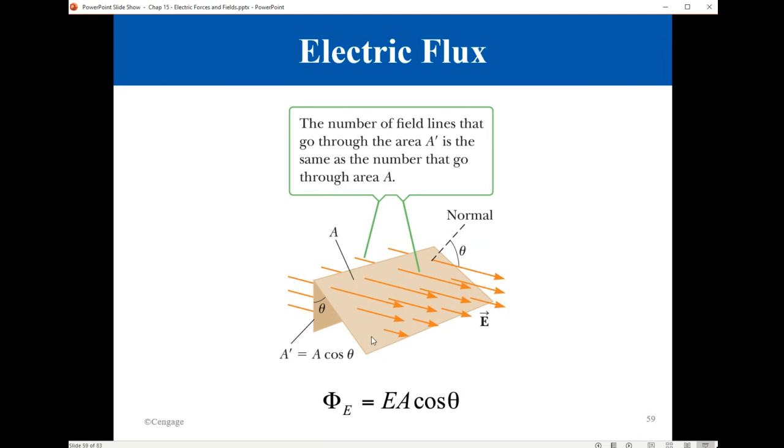So in general, the electric flux is EA cosine theta. When the normal to the surface, the area vector, and E are parallel, theta is 0 and cosine 0 is 1.